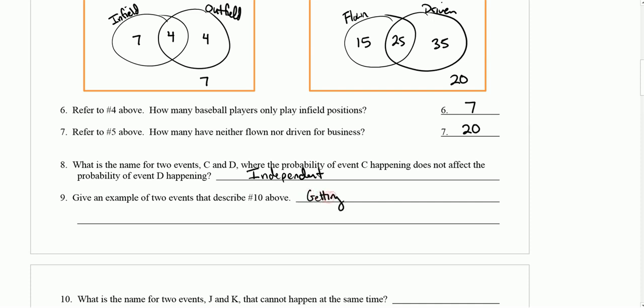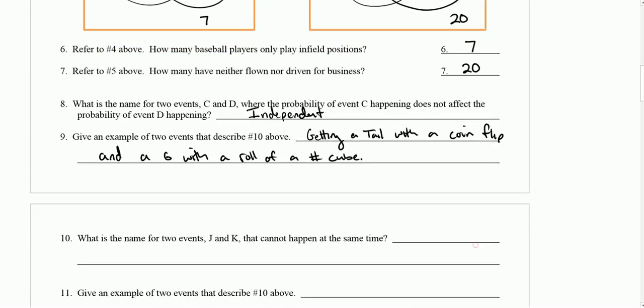Getting a tail with a coin flip, and a 6 with a roll of a number cube. Those two events have nothing to do with each other at all.